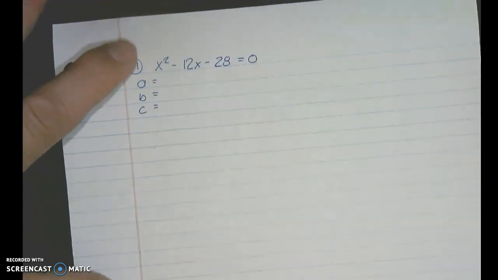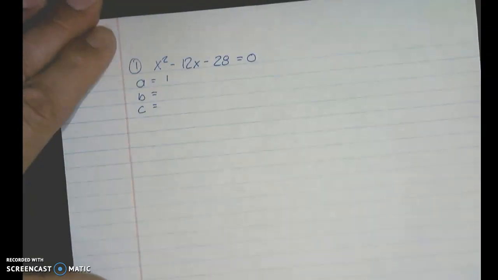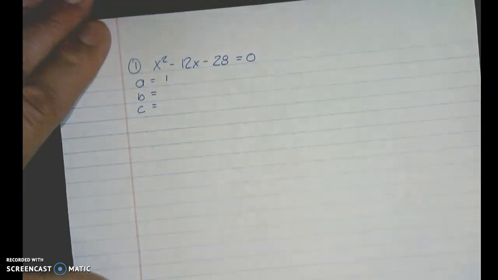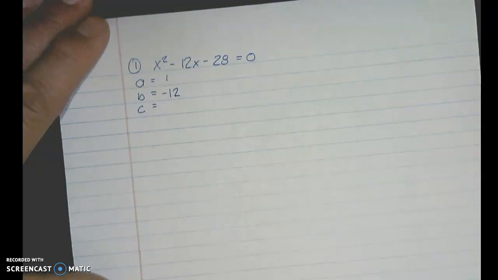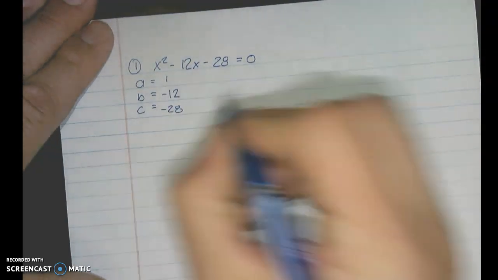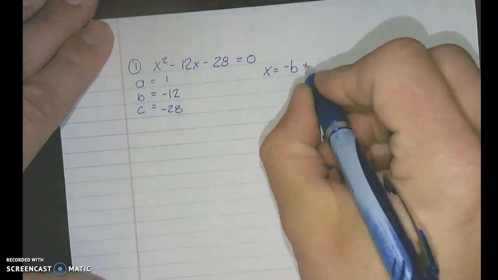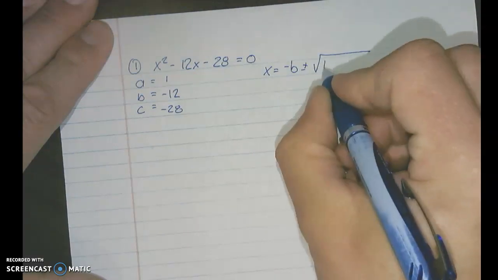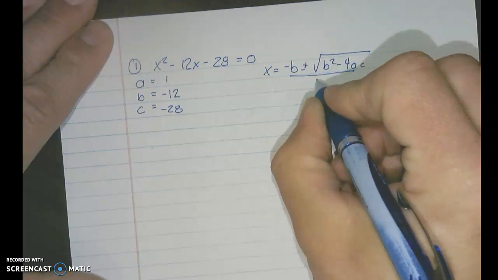What's the coefficient in front of x squared? 1. What is our coefficient in front of the x? Negative 12. Good. And then what's the c going to be? Negative 28. Okay, so we're going to have x equal to negative b plus or minus the square root of b squared minus 4ac, all over 2a.